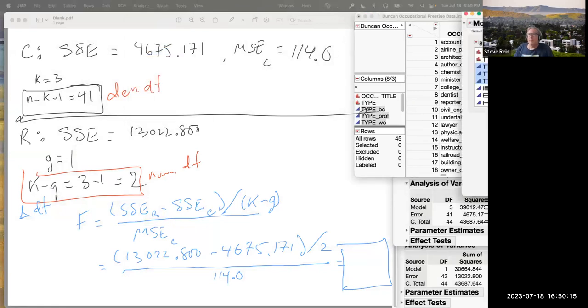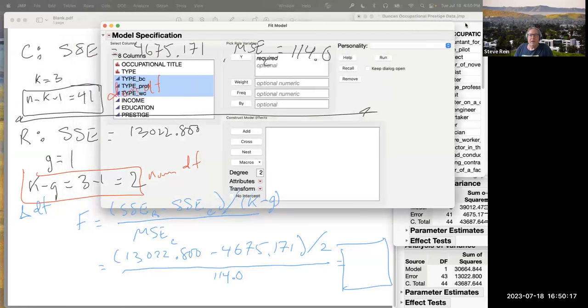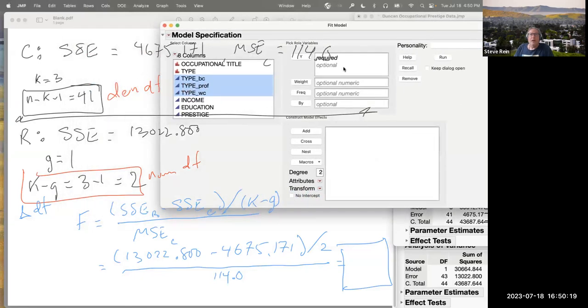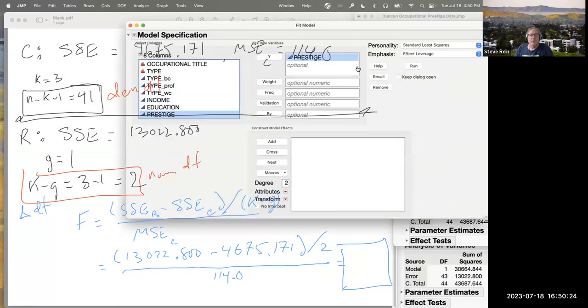In Fit Model, I'm going to say prestige depends on income, and I'm just going to put in type. That's not the indicator function parameterization that we have. That is just saying, let's fit across the three types.